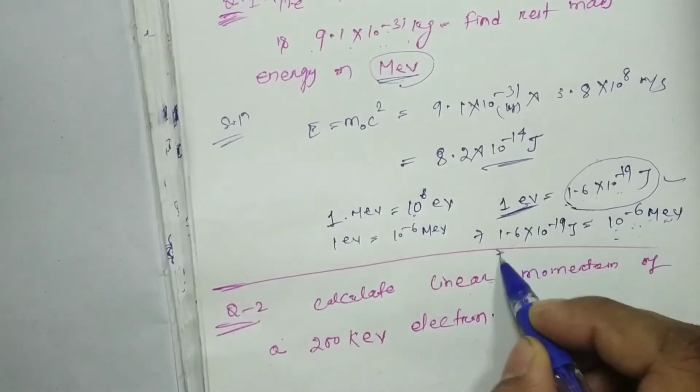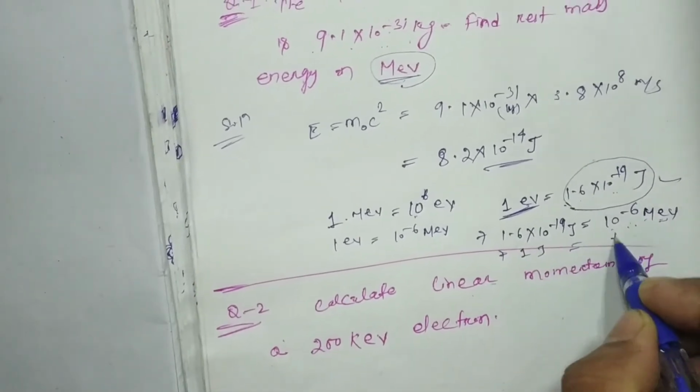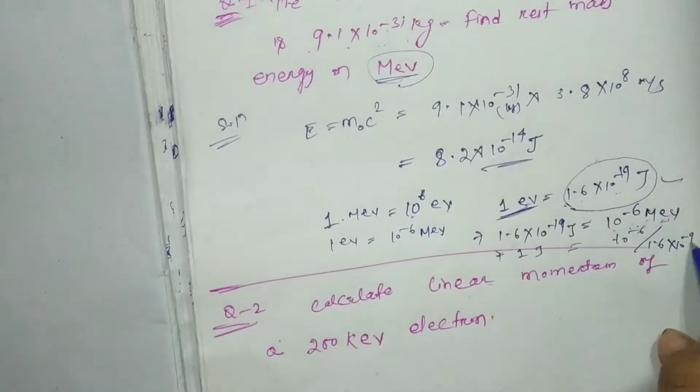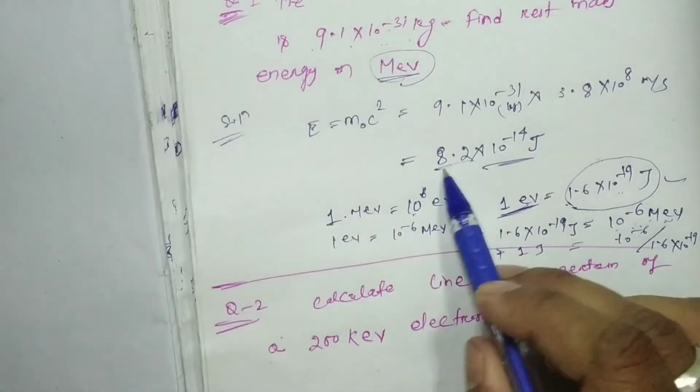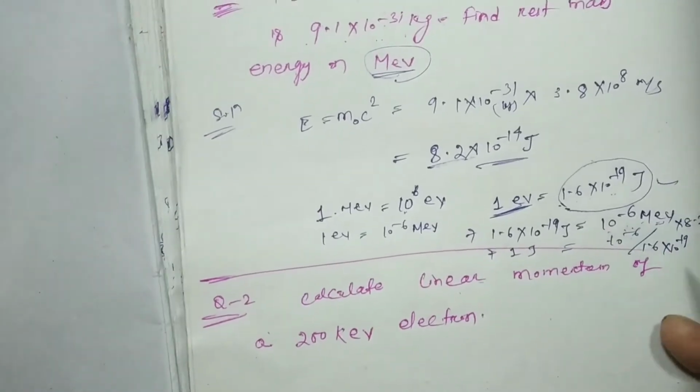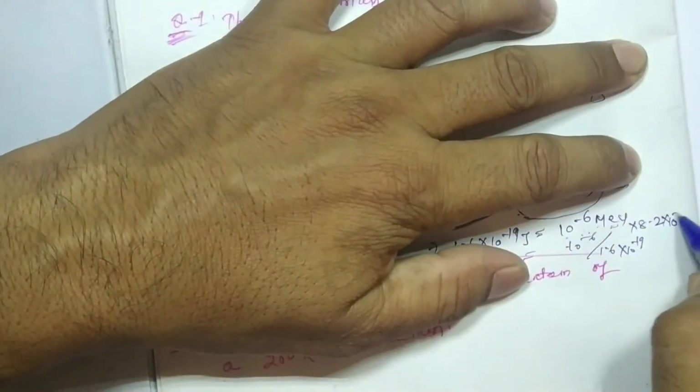So that implies 1 joule will be 10 to the minus 6 by 1.6 into 10 to the minus 19, and 8.2 into 10 to the power minus 14 joule.